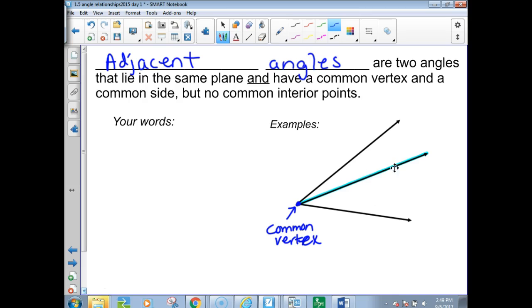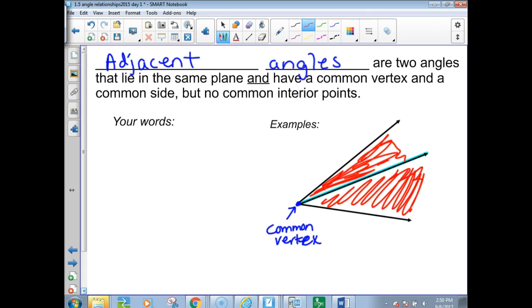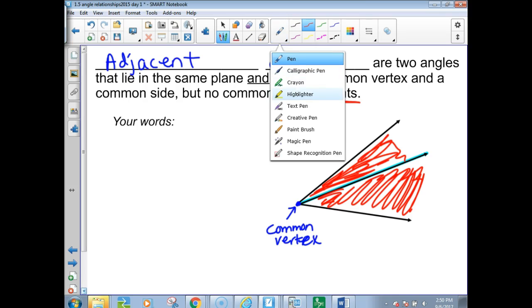The common side I highlighted. So you've got two angles here. You've got an angle right here and an angle right here. Those are the interior points of those angles, and they don't share any of those interior points. They're separated.